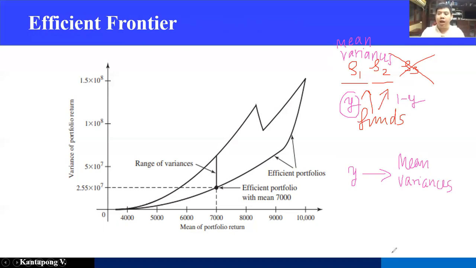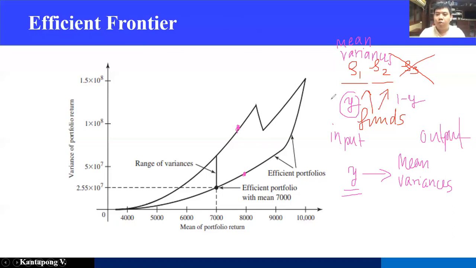That's why sometimes we see that with the same mean, we get, let's say, two portfolios here and here. So we could get something like this. There is not a one-to-one correspondence between the mean value and variance, because the key variable is Y. Y is the input, and the mean and variance are the output, so nothing guarantees this.